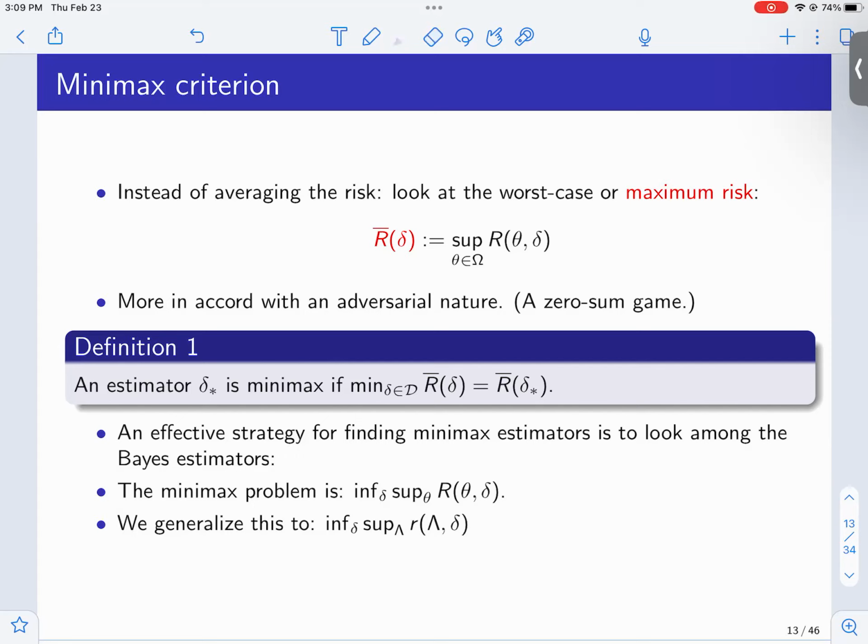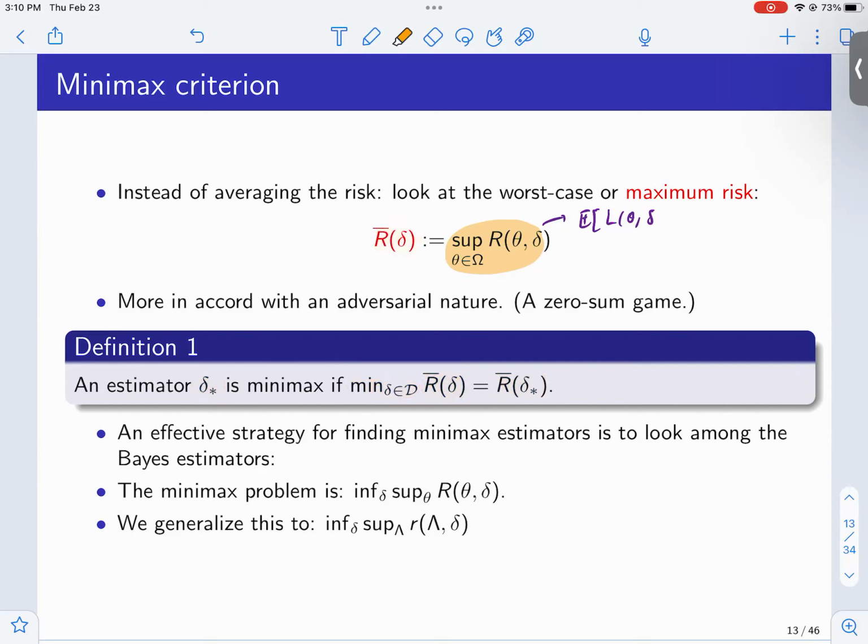So the minimax risk is formally something like this. The supremum over theta, so we're back in frequentist land. The risk is a function of theta, that's our usual risk, the expectation of the loss of theta and delta. Then I take the maximum over theta, that's the maximum risk. I'm using this notation, which is not necessarily a good notation, but it just depends on delta, really. There's no other dependence. Now it's a number I can minimize over delta. So I can ask what is the minimum of this, and the minimizer, delta star, would be the minimax rule.